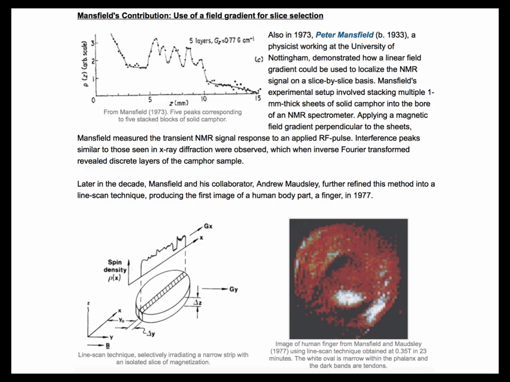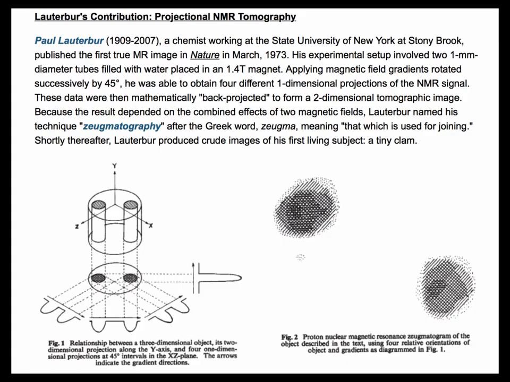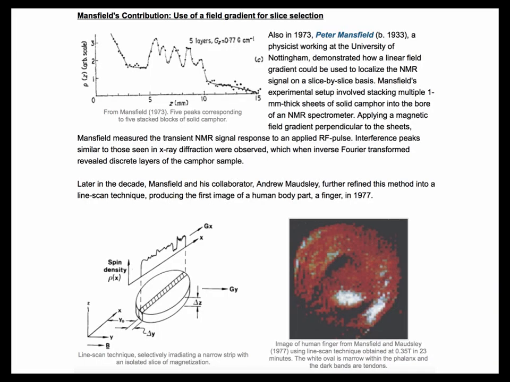So Mansfield's contribution was a little bit more involved. He actually came up with the concept of slice selection using a gradient. Lauterbur's approach used rotating gradients in which you found projections and reconstructed the image, which we don't use anymore, except that it was sort of like a CT method of doing imaging. Whereas Mansfield had a totally different take, where he actually used magnetic field gradients.